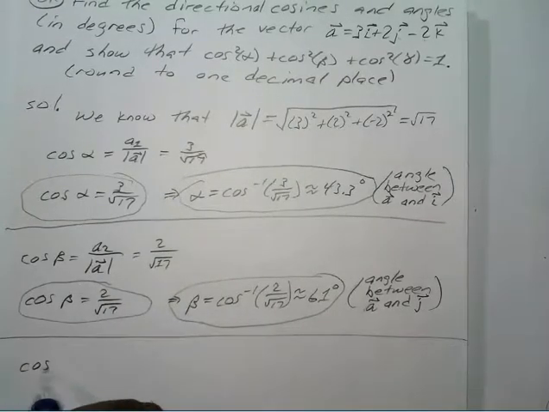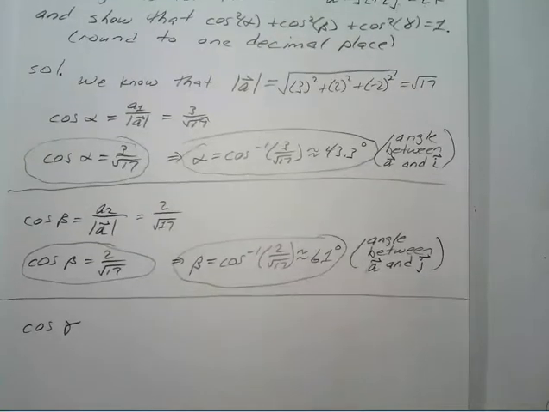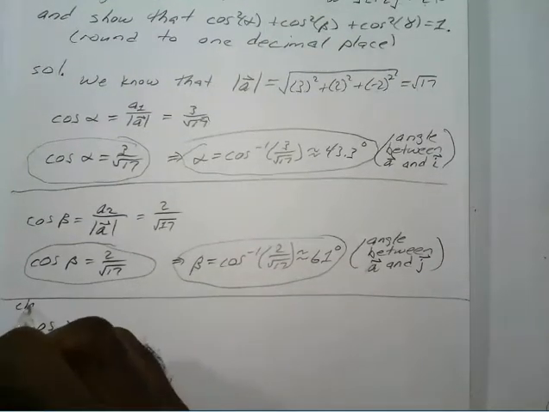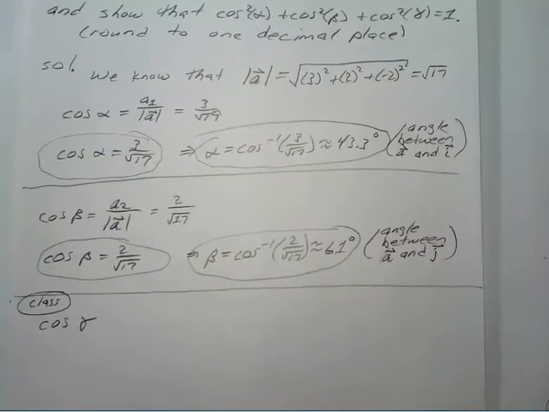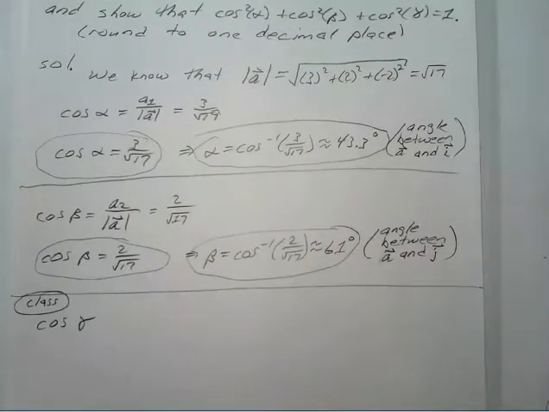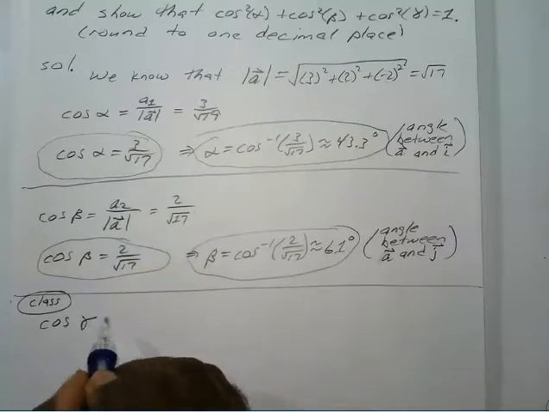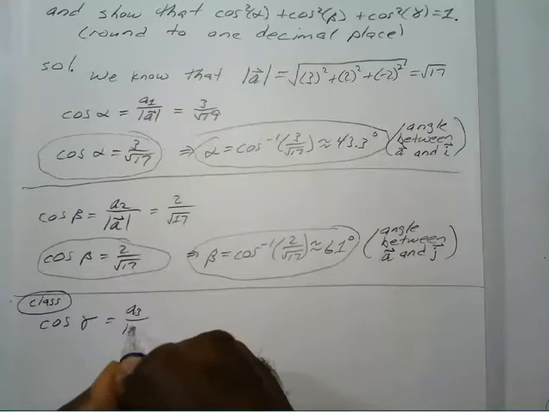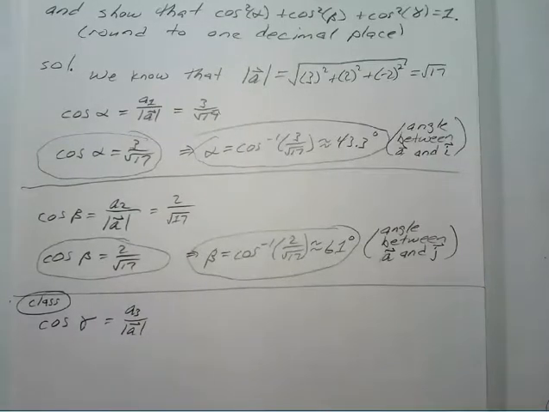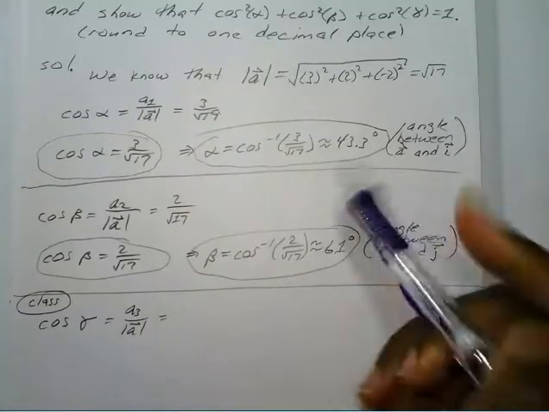Okay, so how about cosine of gamma? All right, so what I want you to do is press pause and do the cosine of gamma on your own. All right, so assuming that you've already pressed pause and worked this one out, we know that cosine of gamma is equal to our third component over the magnitude of A, okay, which is -2.